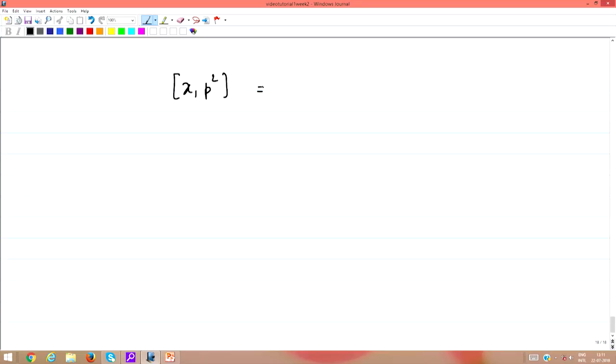So, x comma p square, if you recall the definition of the commutator, it is x p p minus p p x. So, let me keep this x p in mind, because we know the answer: x p minus p x is i h bar. Therefore, we can write x p is equal to i h bar plus p x.